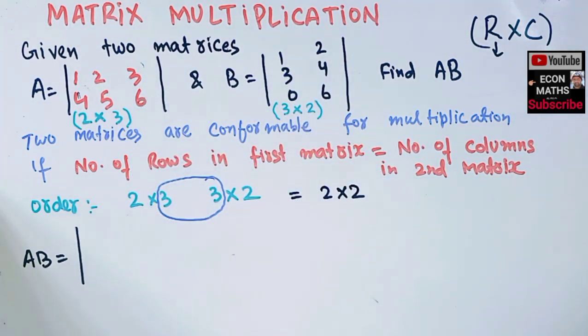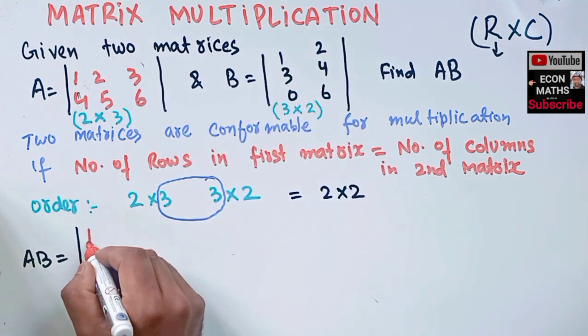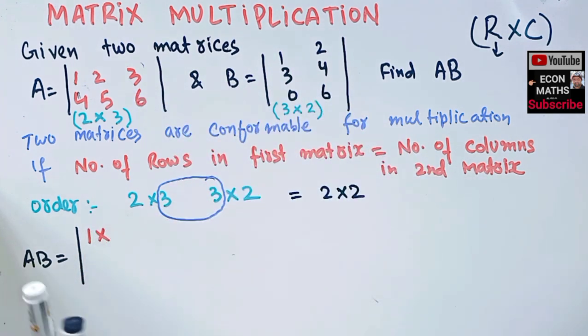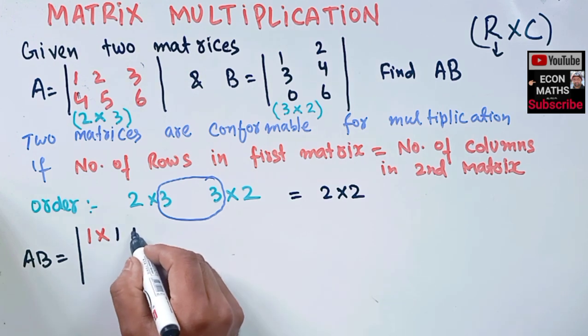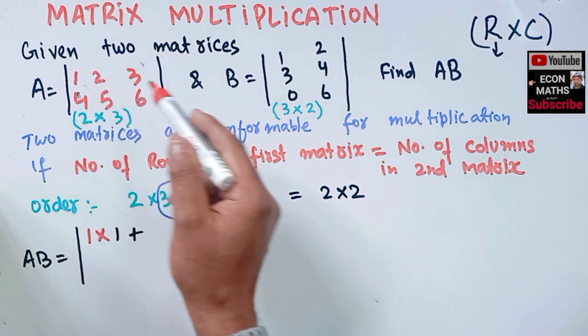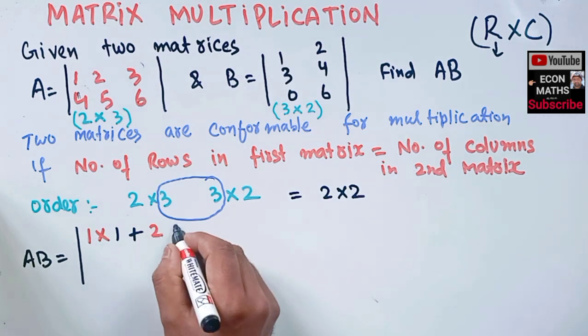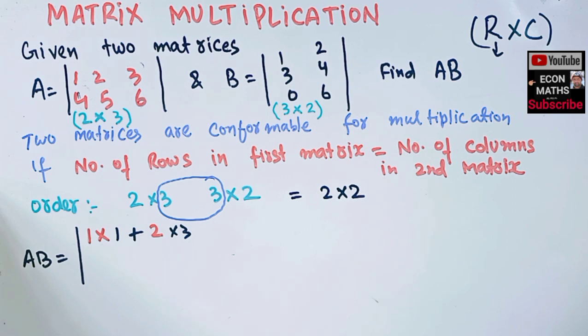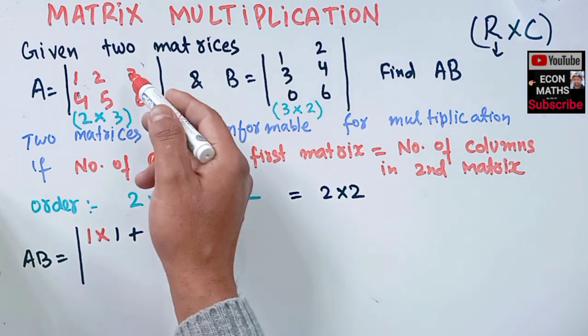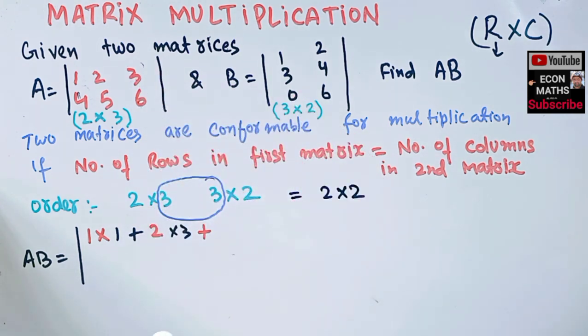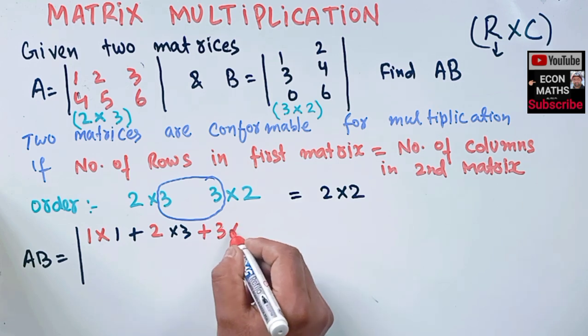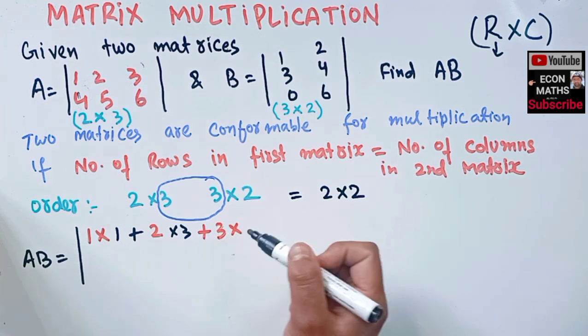So we have 1 into 1, plus 2 into 3, plus 3 into 0.